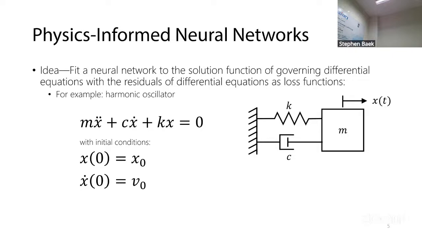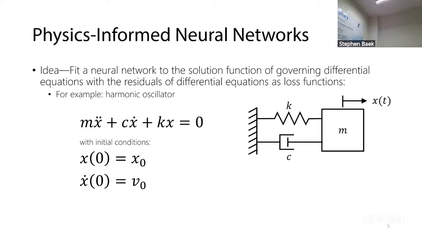This is the physical rule that it should follow, given that we have a spring with the spring coefficient k, and then a damper c. Then we have this ordinary differential equation: the acceleration of the mass should be the same as the damping c times x dot, the velocity, plus kx. This is Hooke's law, right?